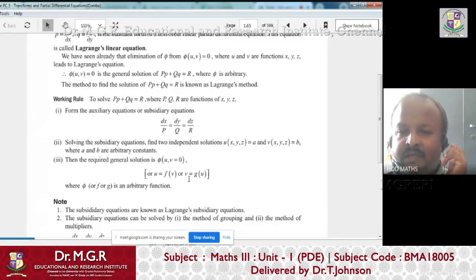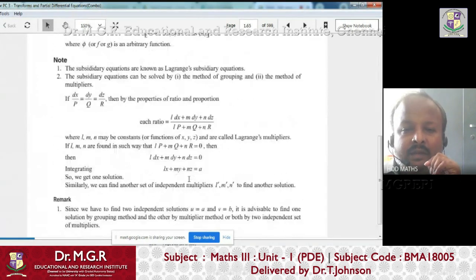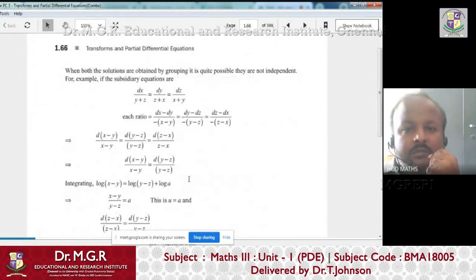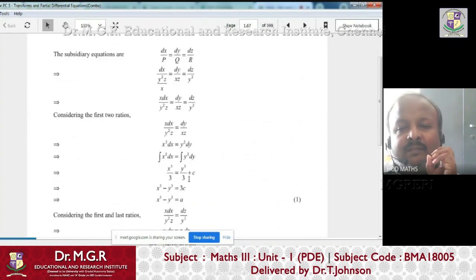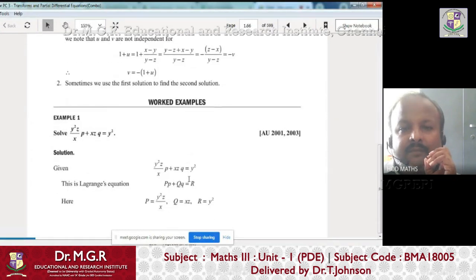From an examination point of view also, these are very important. Once you understand the example, everything will be clear. So are you able to see example one now?